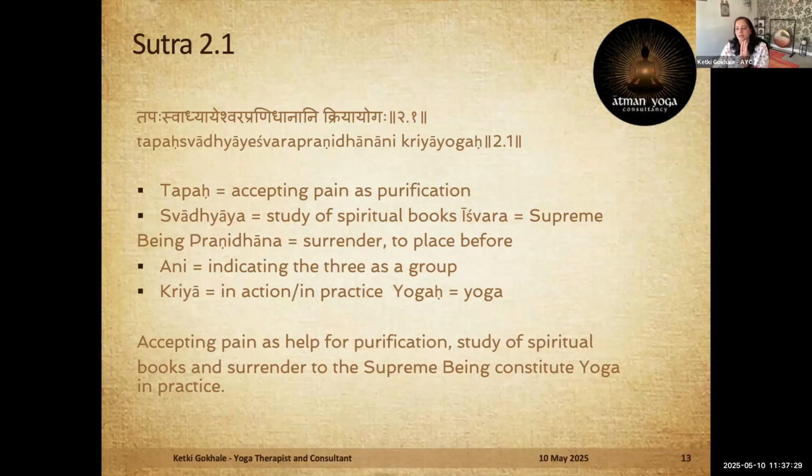And for these three tools of self-expression, Patanjali gives the sadhana: for your body, your speech, and your mind. Now, tapas. Again, this word tapas can be interpreted in various ways.